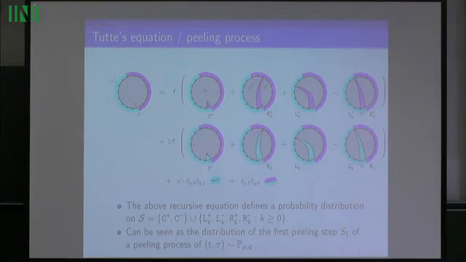Okay, so actually this Tutte equation also defines probably the distribution on the set of symbols like this, and it's basically the first peeling step we want to do. So we want to define a peeling process which basically explores the Ising interface. So this is the most natural way to do it.